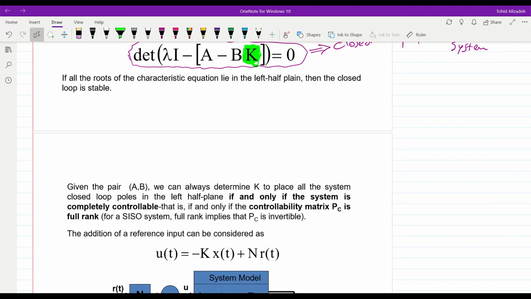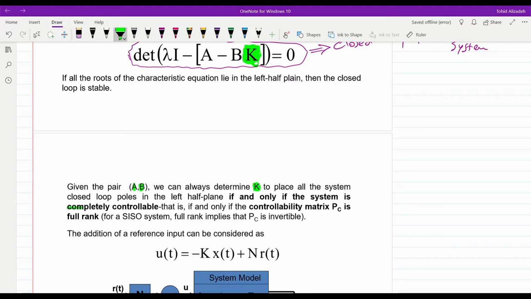If we have the pair A and B, which are the matrices for our system, we can determine k to place all the system closed loop poles in the left half plane, and indeed wherever we want. And obviously we would want our system to be stable. But this will happen if and only if the system is completely controllable.